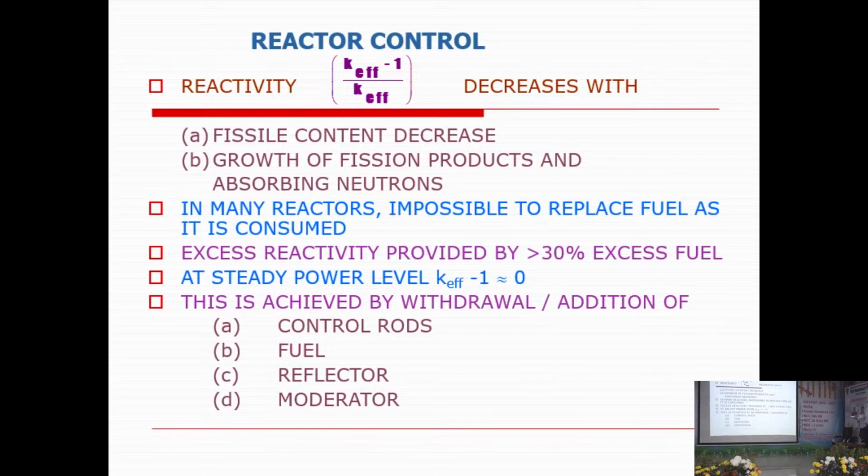At the same time, the fission products are also growing, and some of the fission fragments also have high cross sections. In the initial period the excess reactivity will be there, and this excess is minimized by inserting control rod materials. With increasing time, the control rods are slowly withdrawn from the reactor core to maintain the chain reaction, with K infinity as 1 or K effective as 1.